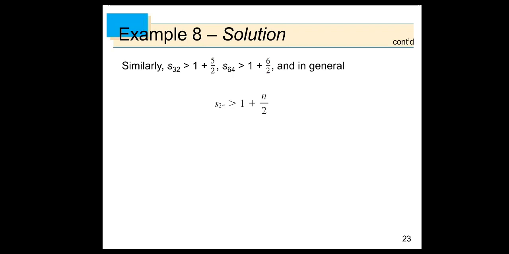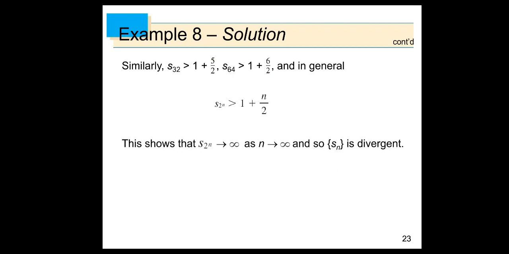Similarly for S32, it would be greater than 1 + 5/2. S64 would be greater than 1 + 6/2, and in general S sub 2^n would be greater than 1 + n/2.